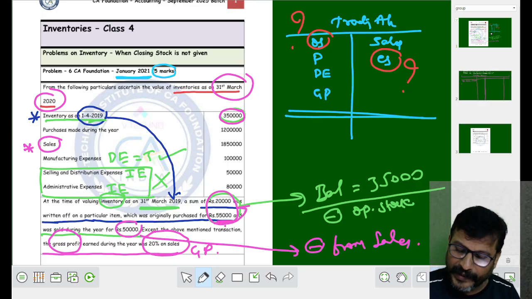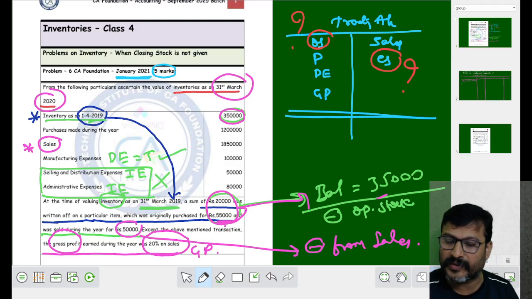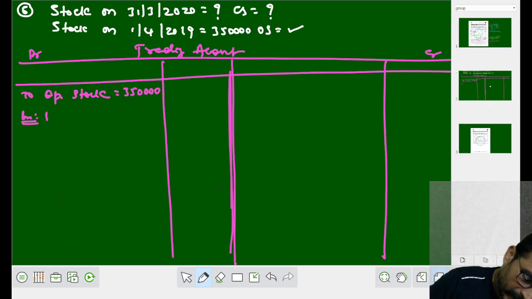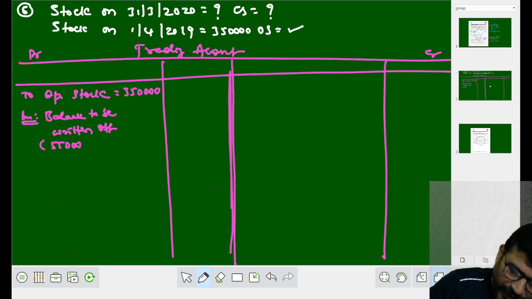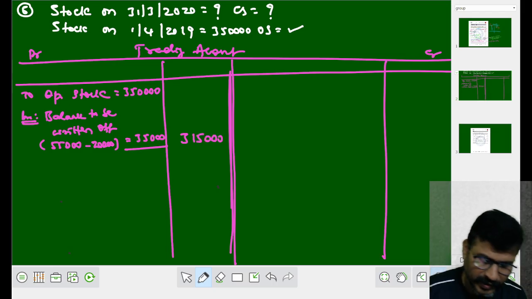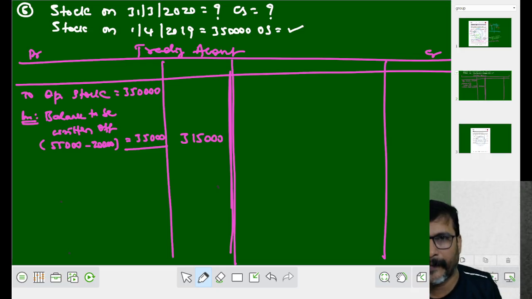The balance to be written off is 35,000, less balance to be written off. Out of 55, you subtract already 20,000. So you take the balance of 35,000. Now it comes to 3,15,000, which is your opening stock after adjustment.